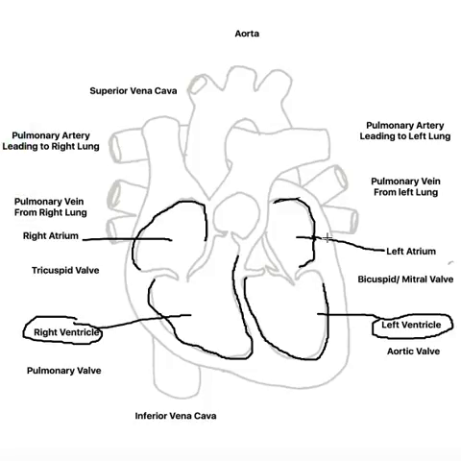So on the left-hand side, we have the valve that sits between your left atrium and your left ventricle, and you can see this is a valve, these pincer-like things, and we'll learn about valves a bit later on, but this one is known as your bicuspid or mitral valve.